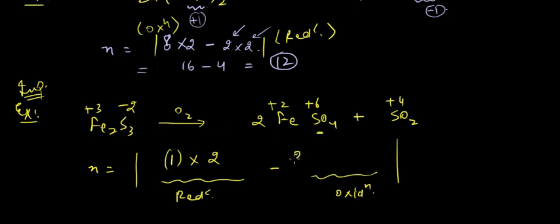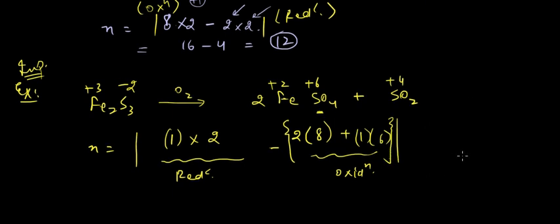So 2 moles of S going from -2 to +6 gives 8 electrons each, plus 1 mole of sulfur going from -2 to +4, which is 6. So the N factor is 2 minus 16 plus 6, and the mod of that is 20. 20 is the N factor here.